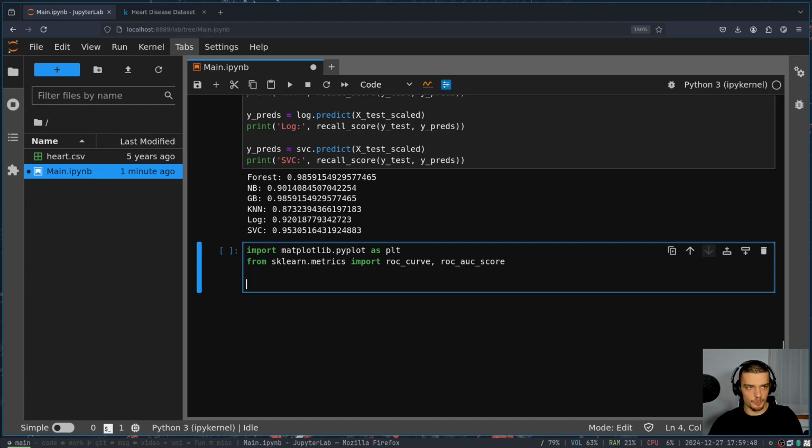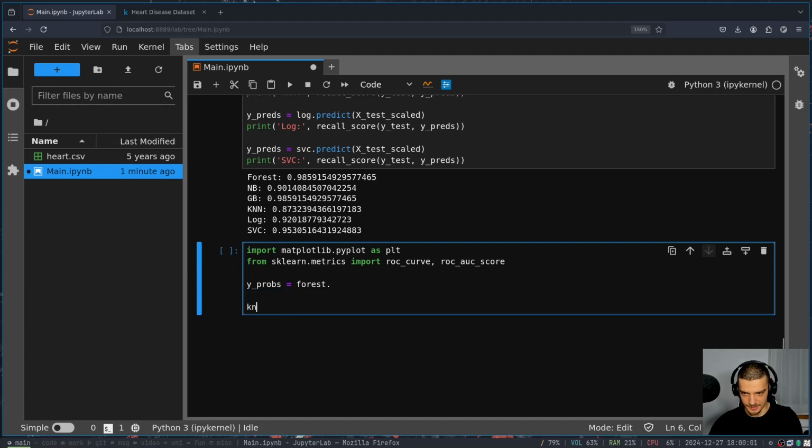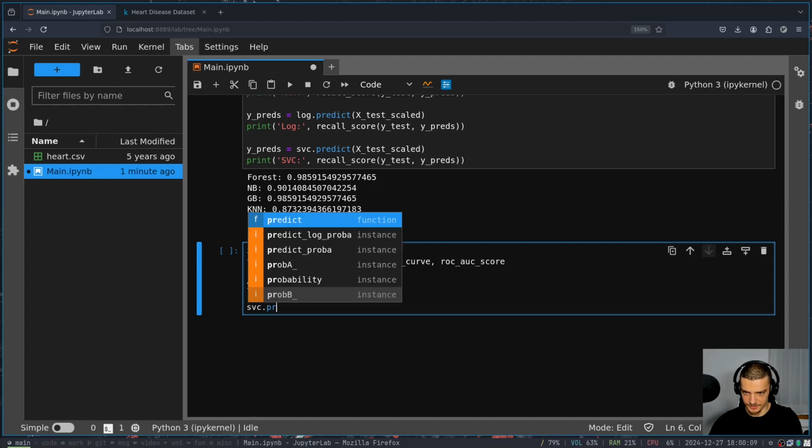And what we're going to do here now is we're going to say, give me the probabilities. So the forest can give us the probabilities, not just the classifications. I think that a k-nearest neighbors classifier cannot do that. I think KNN does not have a predict_proba function. Oh, actually it does. So which one does not have it? Does the SVC have it? It actually has it.